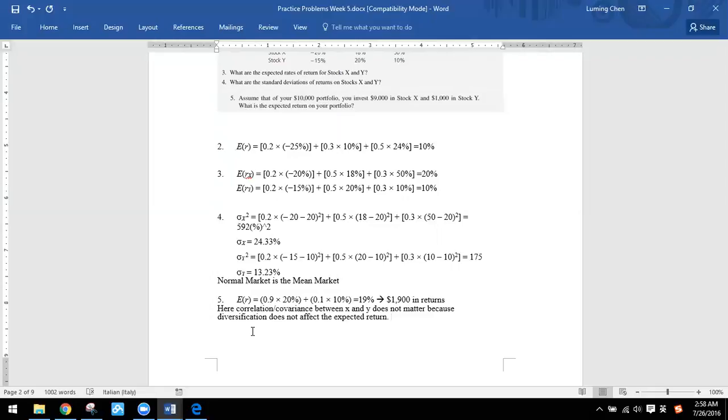So when does it matter? It matters for risk when we are calculating the variance.